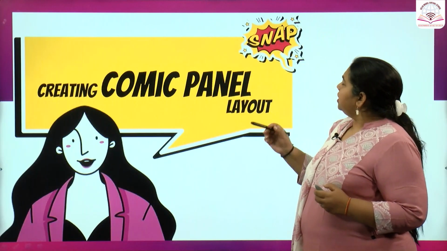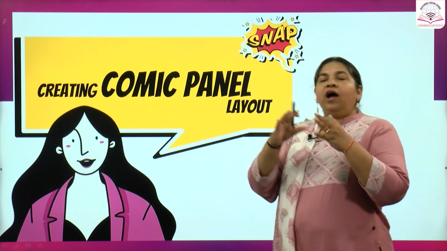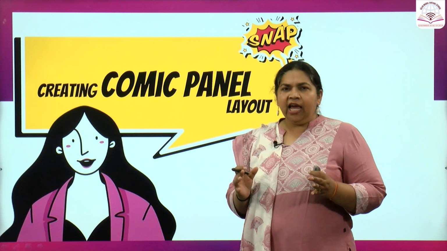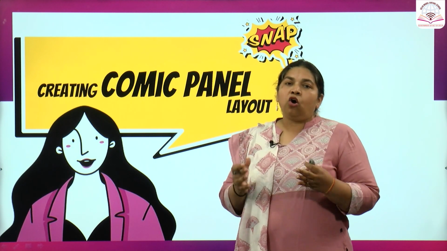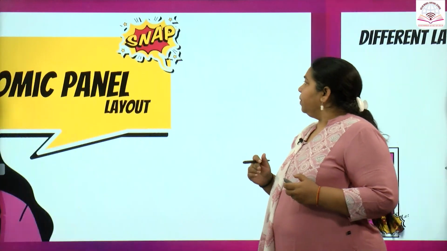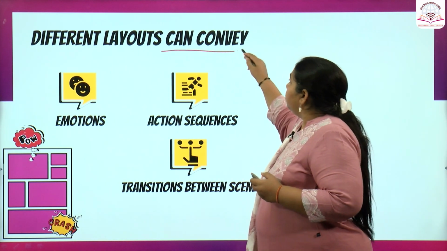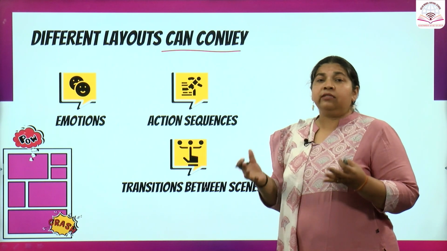The next is creating a comic panel layout. Now, after studying all the aspects of preparing a layout, we'll focus on how to create a comic panel layout. Let's first see different layouts. What do they convey? Why do we make different panels?